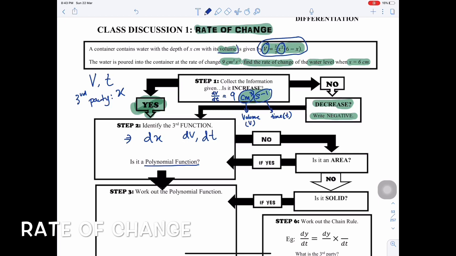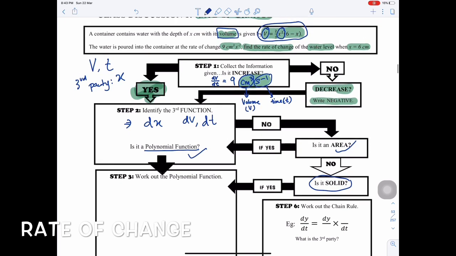Volume means solids. It also can be a solid instead of an area, and a polynomial function also can.